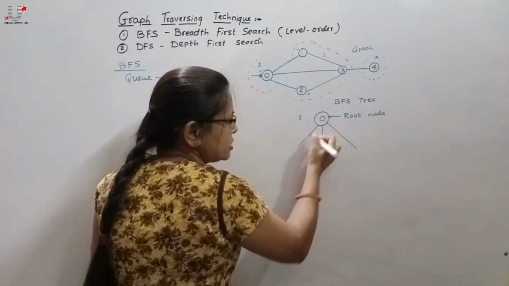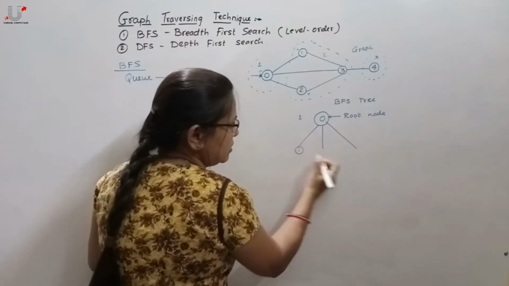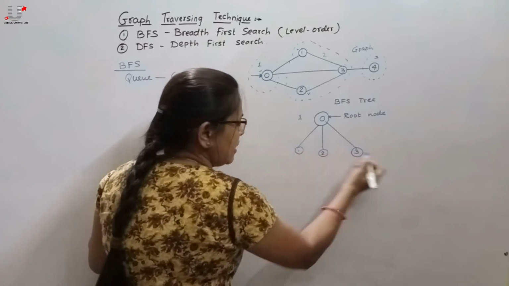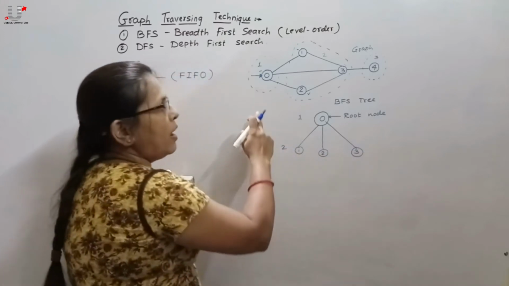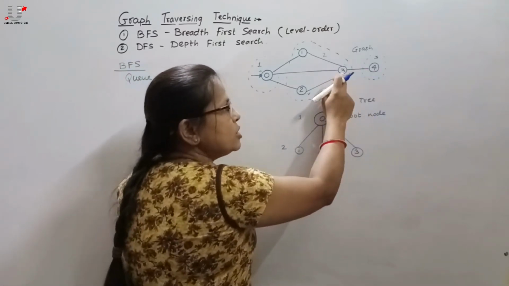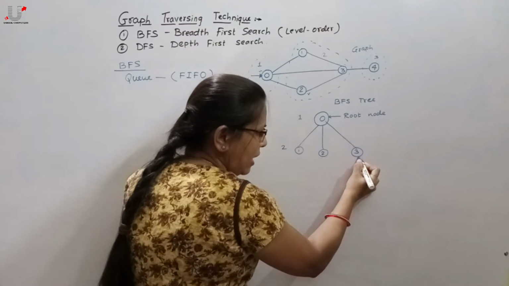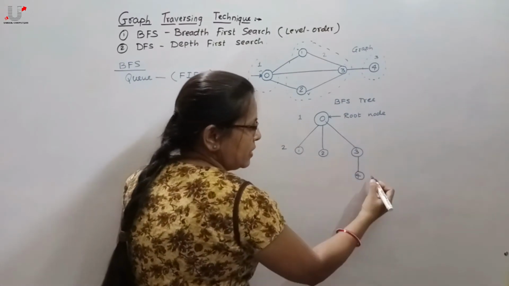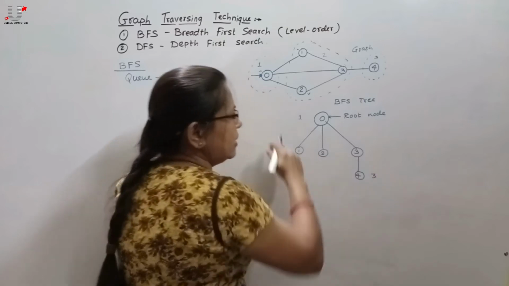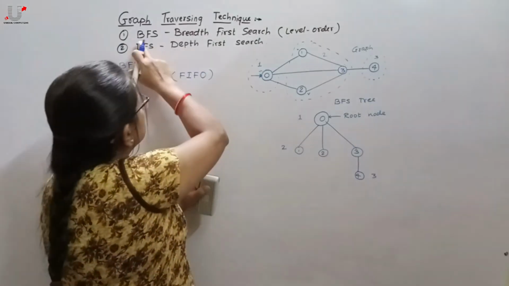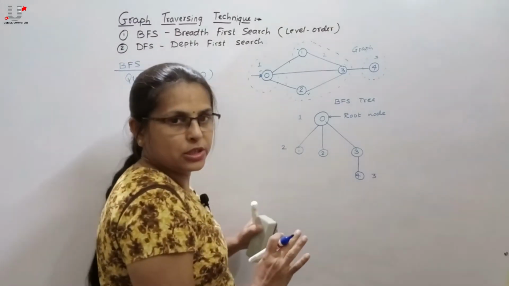These are the 3 adjacent nodes: 1, 2 and 3. All the adjacent nodes are at level number second, and 4 is adjacent to 3. So we add 4 as a child of 3. That means it is at level 3. It's the level order of this BFS or breadth first search.